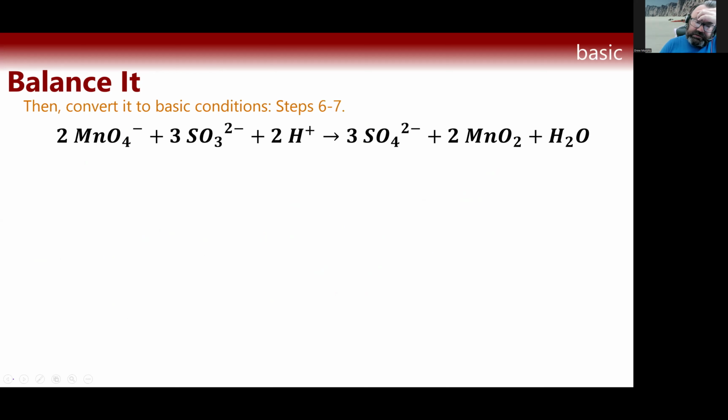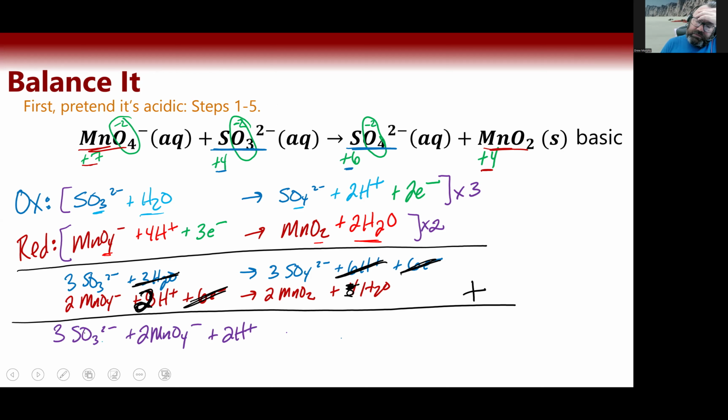And then this side is 3 sulfate, and 2 manganese 4 oxide, and a water. That's balanced, but this is acidic, and we have to make it basic.